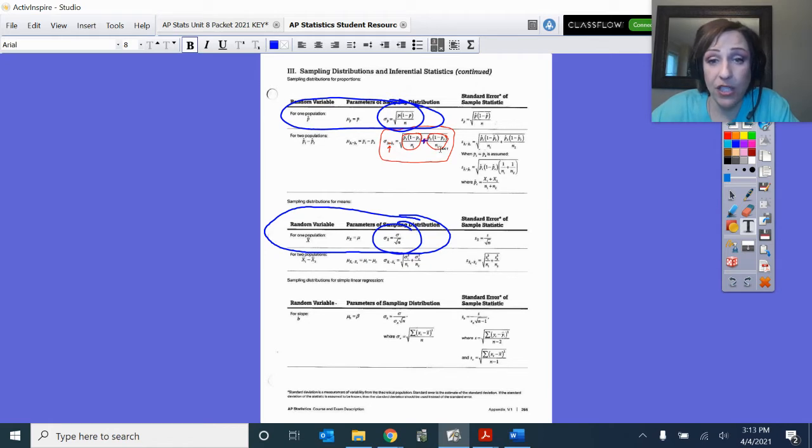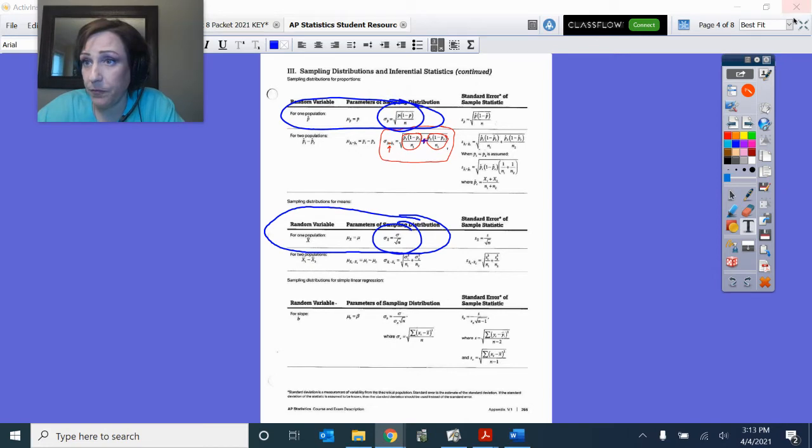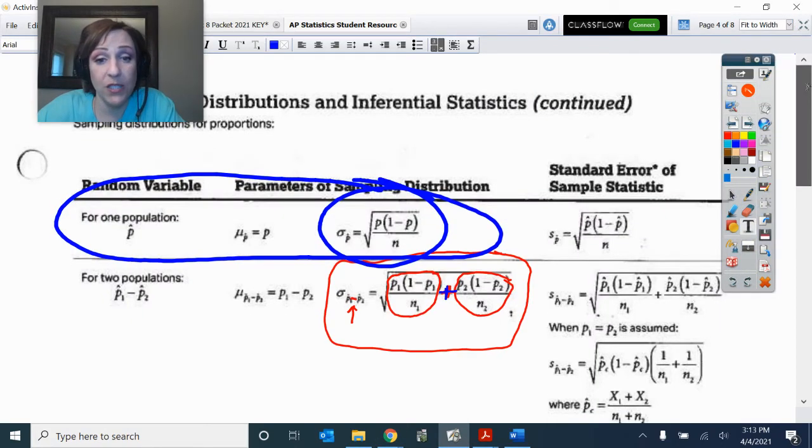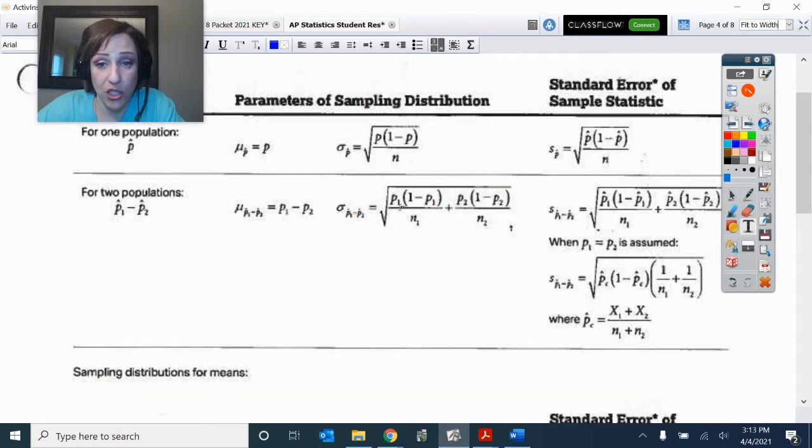And I want to point out to you how to do these two proportion and two means, because sometimes we'll see those. We use our calculator most of the time, but sometimes those will appear as a multiple choice question in a form that we have to recognize, this formula for two independent proportions.